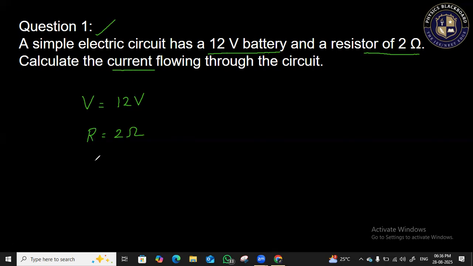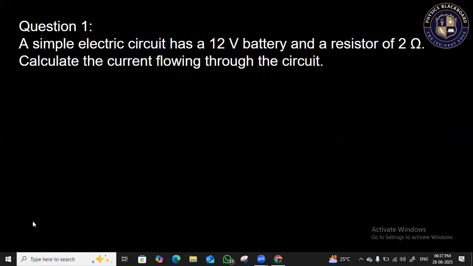We need to calculate current, that is I. From Ohm's law, we get the expression I equals V by R, right? Substituting the values, I equals 12 by 2, which is 6. So the current passing through that circuit is 6 amperes, right? Yes.